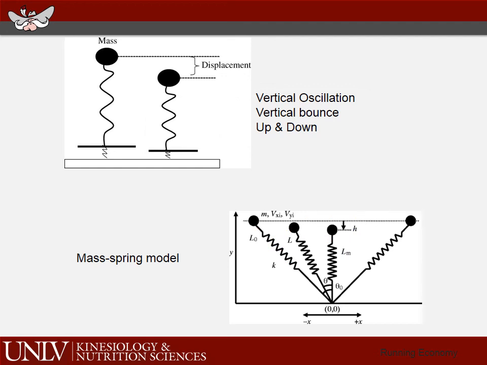So then the final one I want to talk about is I want to revisit a little bit of that vertical oscillation, center of mass displacement, and mass spring model concept. So here we have vertical displacement, or vertical oscillation, which is the highest point of your center of mass during the locomotion minus the lowest point.